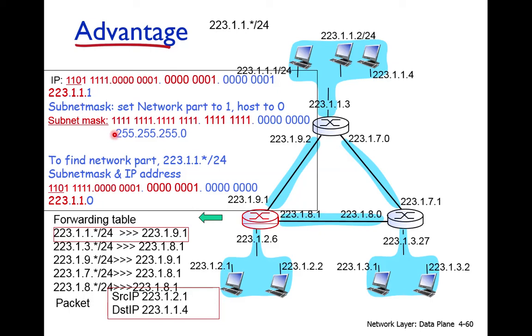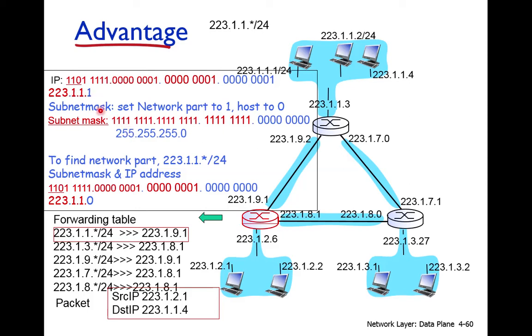Now the decimal representation of this subnet mask is 255, 255, 255, and 0. So instead of specifying the IP address of the host as 223.1.1.1/24, where the first 24 bits are the network part, we can specify the IP address 223.1.1.1 and this subnet mask.